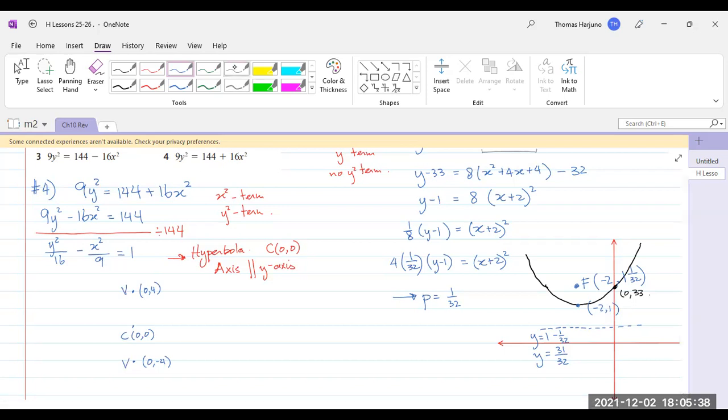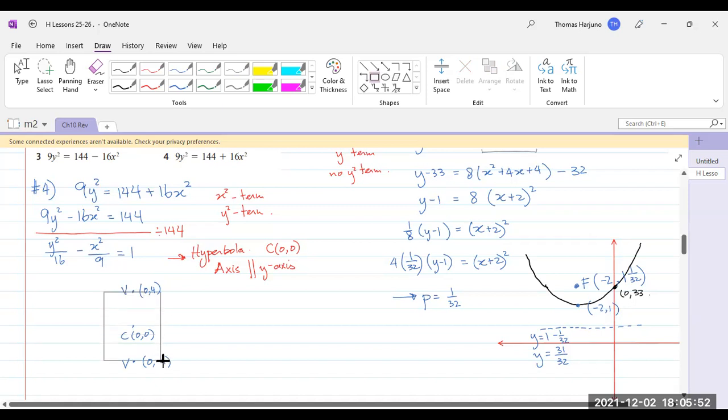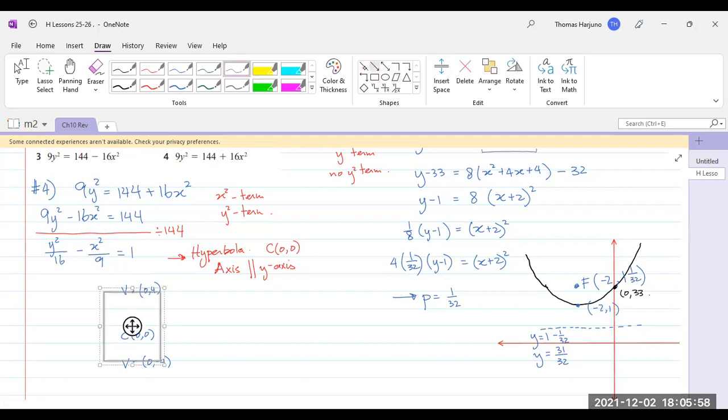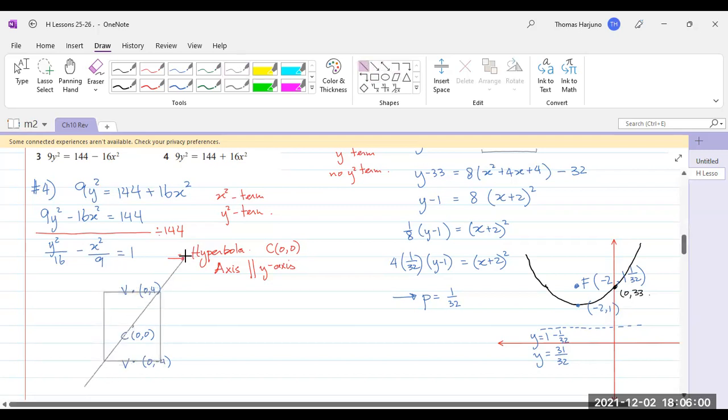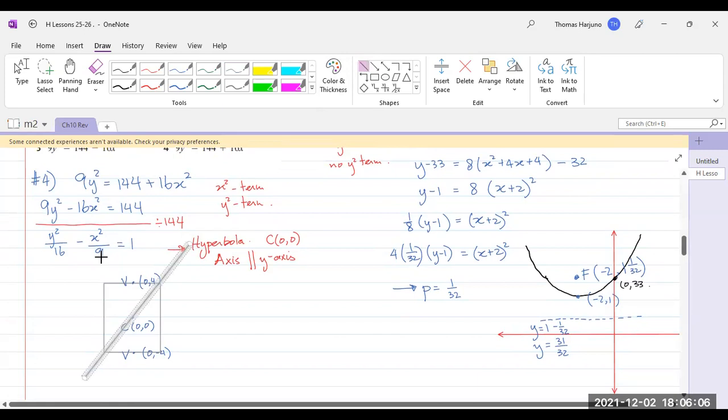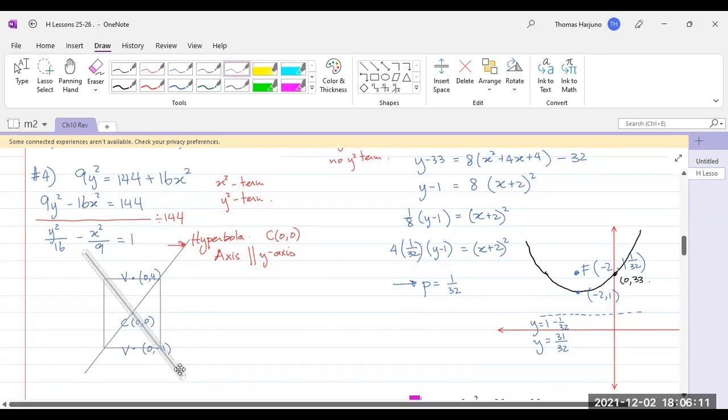Now the auxiliary box, the auxiliary rectangle, will have 4 units up and down from the center and 3 units left and right from the center. So the auxiliary box is approximately like this, let's say. Now that way, then we have the asymptotes here. This is the rectangle, the coordinate system.